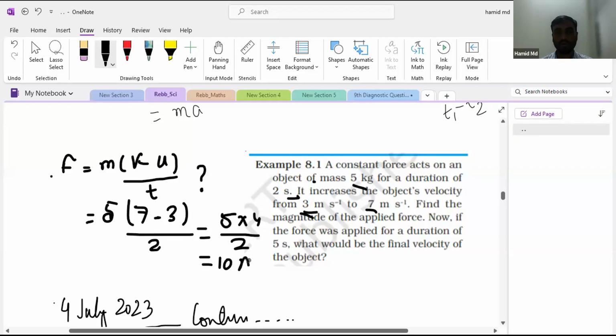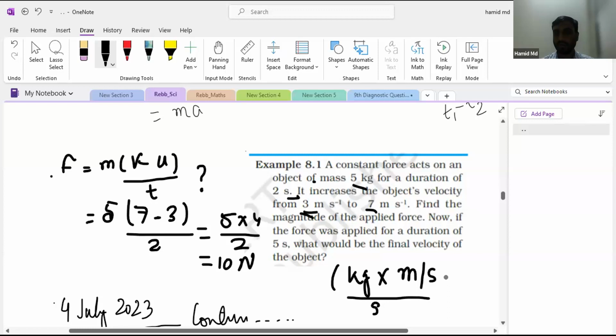1 Newton is how much? You have already shown over here. So 1 Newton, this is mass. Mass is in kilogram, and this into meter per second is velocity, right? And divided by time, which is again second.